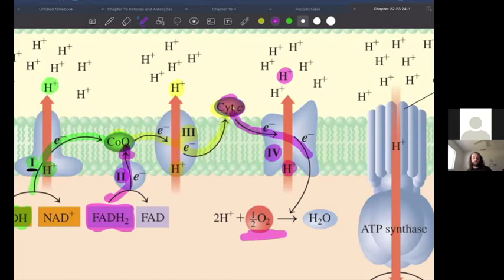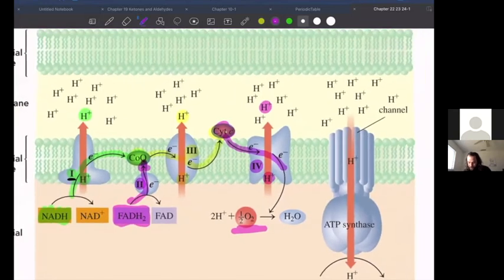So we said that this has to occur under aerobic conditions. Here's where oxygen plays a role, and that's through complex 4. And then the last step is complex 5, which we call ATP synthase, that's going to harness that concentration gradient, allow those protons back through, and in the process, synthesize ATP.